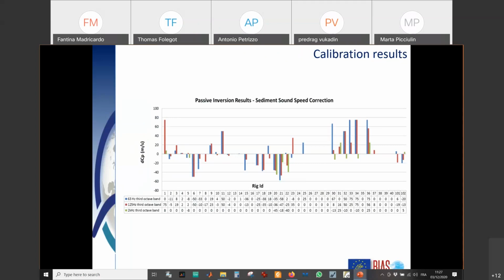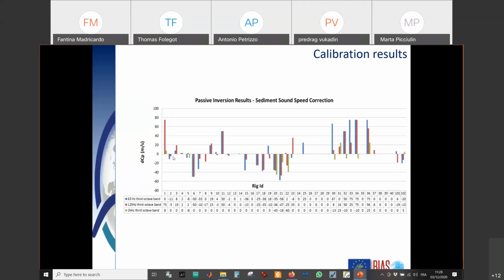So we started from the a priori value given by EMODnet, and we added to that value almost 80 meters per second on the first station to get the match between the measurement and the modeling. That was at 125 hertz, and we have the results for the other frequencies here in color.